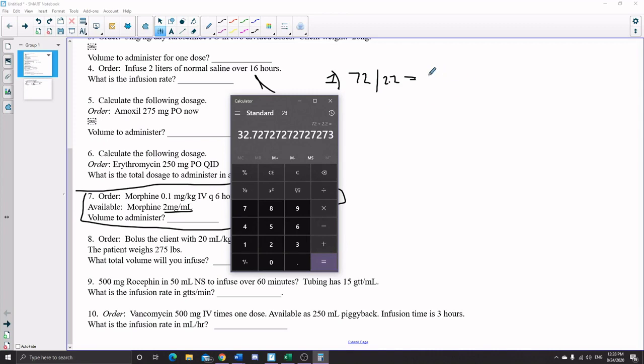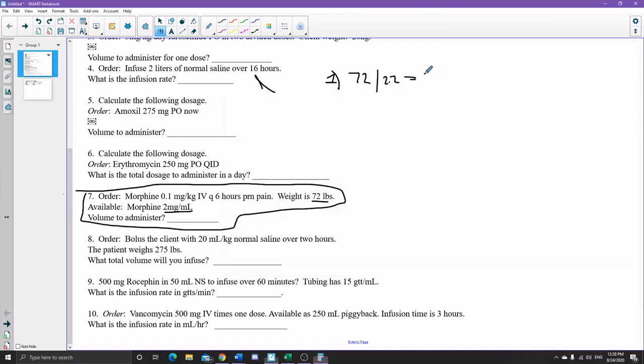I got 32.72. Okay? That's kilograms. And then my second step, I would multiply the kilograms with the amount of milligrams I need.